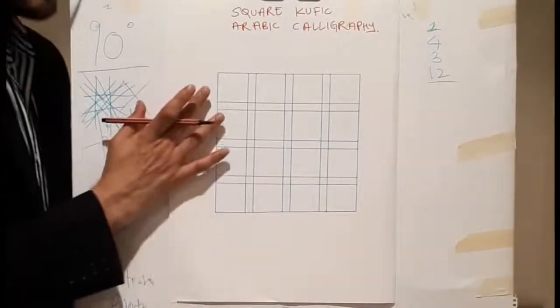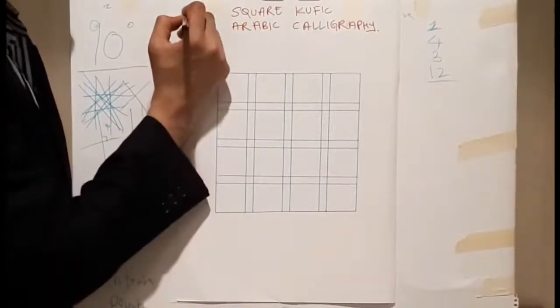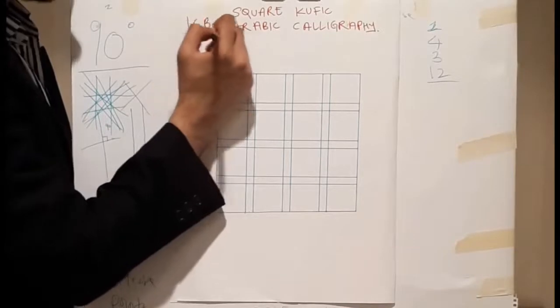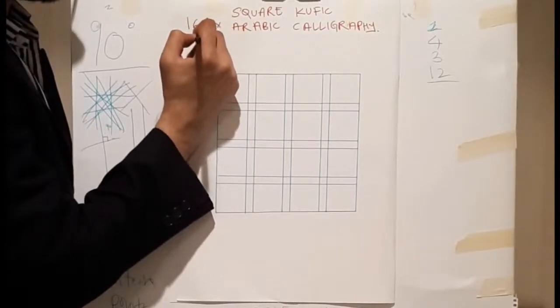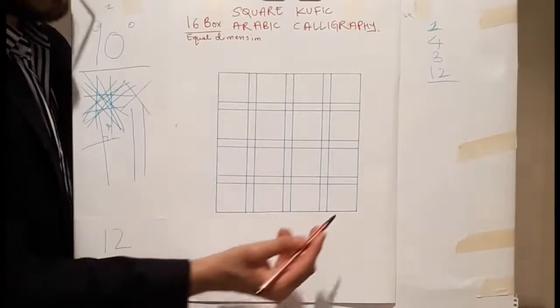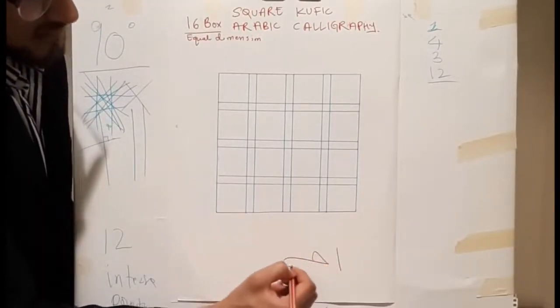So this is your platform. You have 16 boxes of equal dimension and you have one name, that is Ahmed.